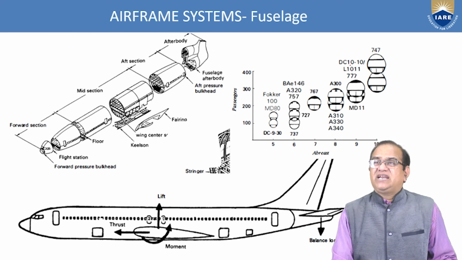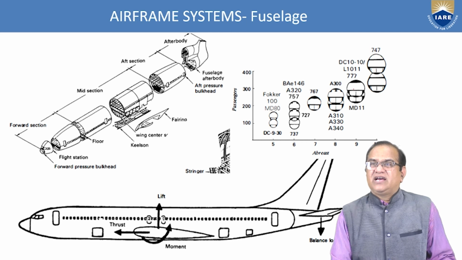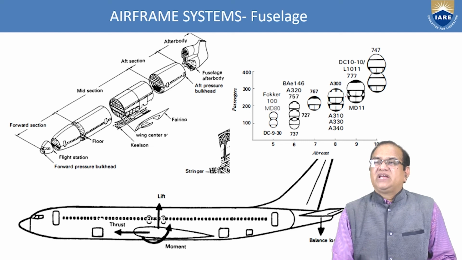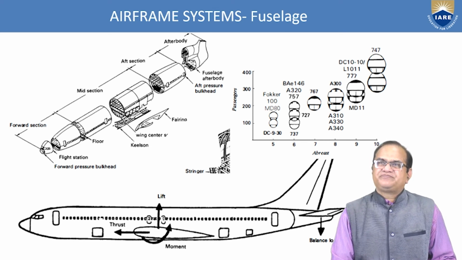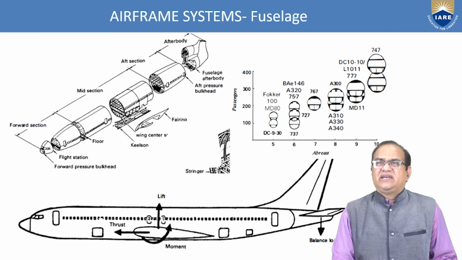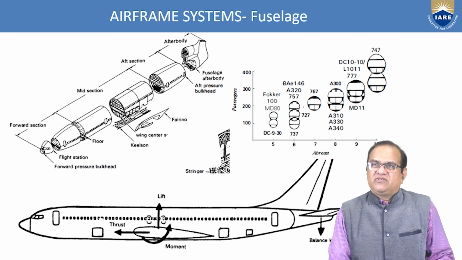Next is the DC-10. This is a 777. It can carry some 300 passengers. Then Airbus 300, this can carry some 200 passengers. This Boeing 767, nearly 200 to 250. Then BAE 146, Airbus 320, some 180 to 190 passengers it can carry.